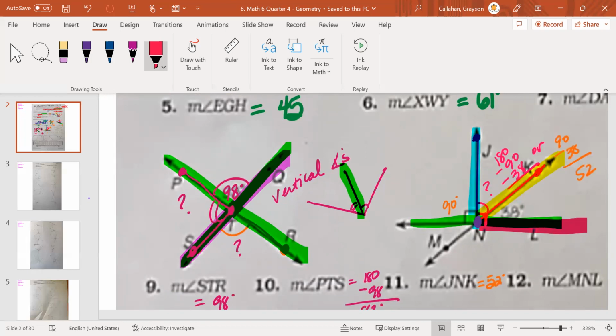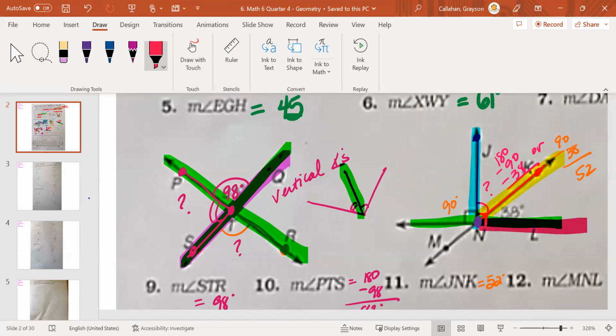What about the side? They don't share anything. These two are not adjacent because they don't share a side. Now, these two angles, do you see these two angles right here? They share this green side right here. These two angles are adjacent because they share the side right here. Do you see that?